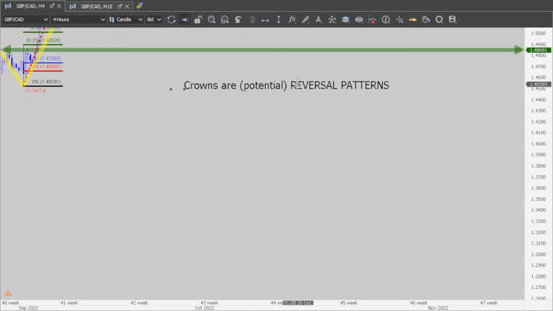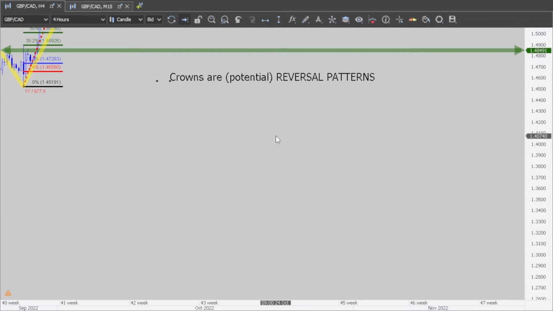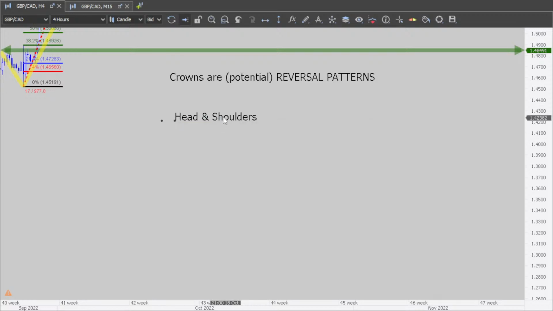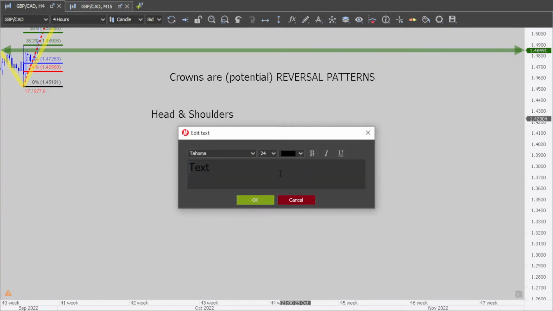So crowns are potential reversal patterns. Now what's the difference between head and shoulders, okay, there is a slight difference, and a crown?